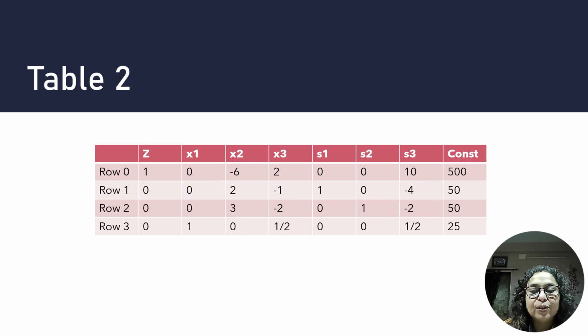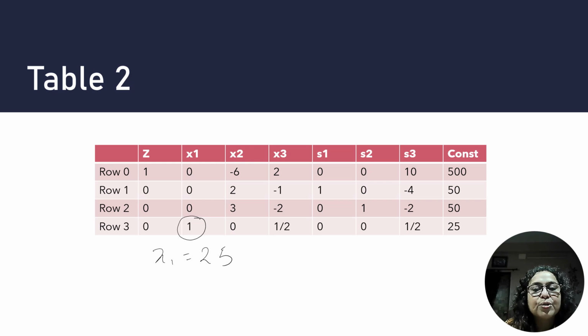So we have got a new basis, and in this new basis we can see that we have actually brought in x1 into the basis and we have replaced s3. So now in our solution we have x1 is equal to 25 because this is a part of that identity matrix.